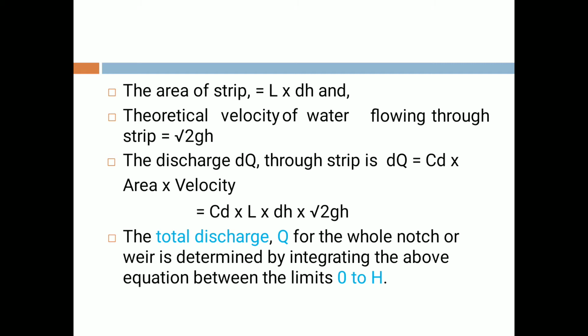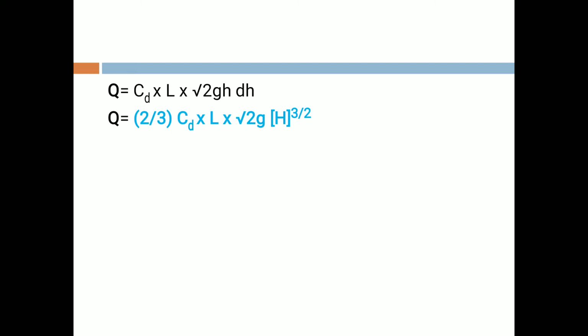So, the total discharge Q for the whole notch or weir is determined by integrating the above equation between the limits 0 to H. We get the equation Cd into L into under root 2gh into dh.